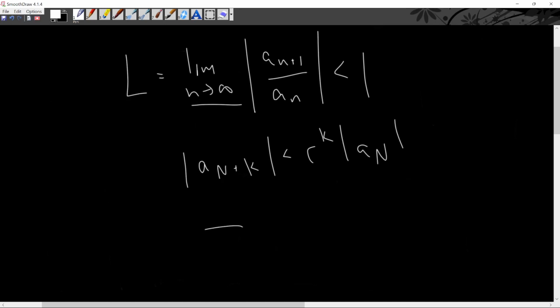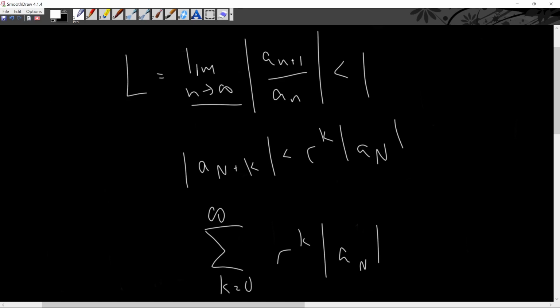Now let's look at this infinite series from k equals 0 to infinity of a sub N, big N, right? We're on some term N, times r to the k. Whoops, I wrote that wrong. Well, it's the same thing, just the order of how we wrote it. We have r to the k times a sub N, right?